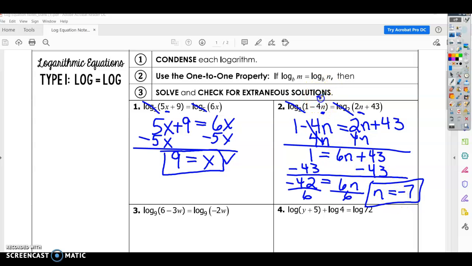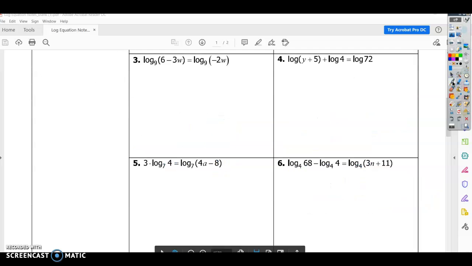So it would be 29 on this side, and what happens when we plug it in over here? 2 times negative 7 is negative 14, negative 14 plus 43, so that's 43 minus 14, which is 29. So when I plug it in and check it, this one works. All right, number 3 is a log equals a log, just like the first two. So we're going to skip it because all you have to do is drop the log and solve.